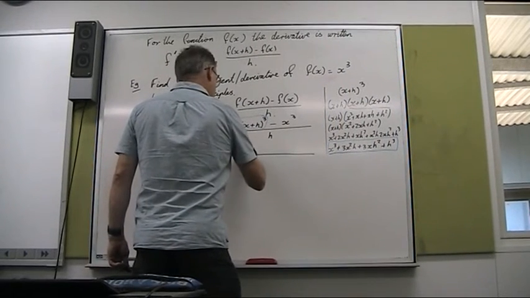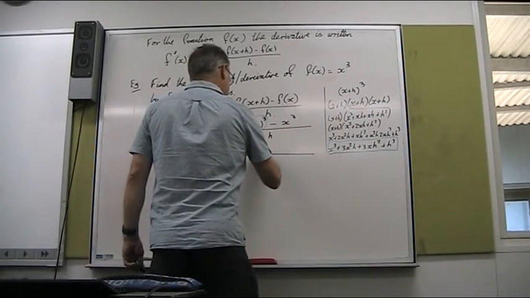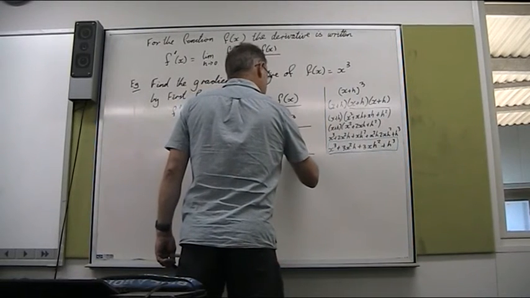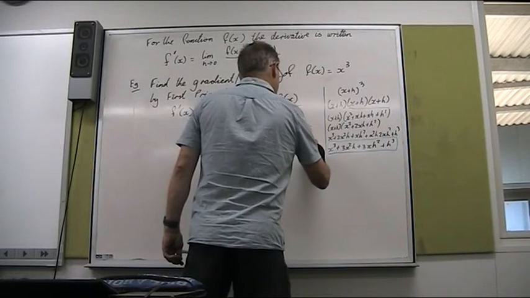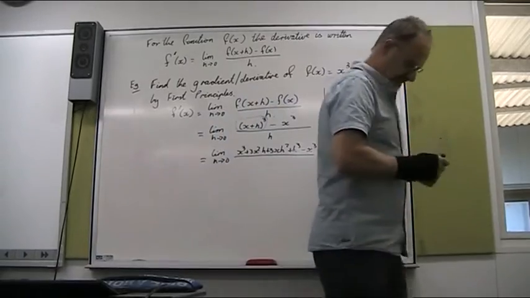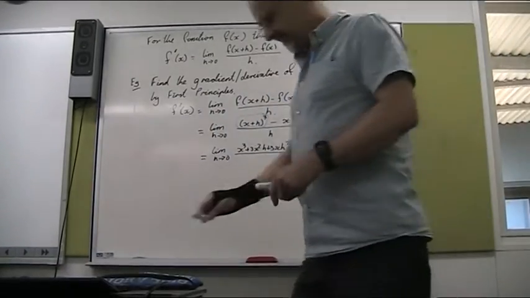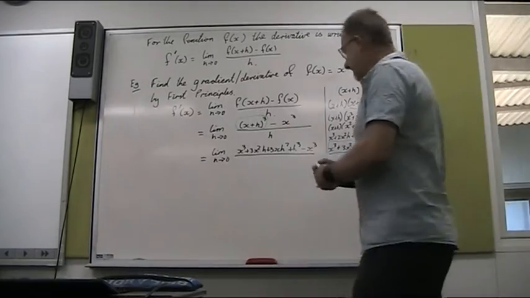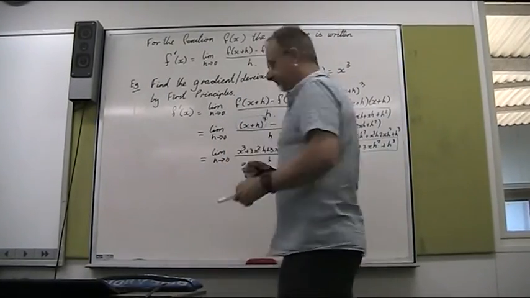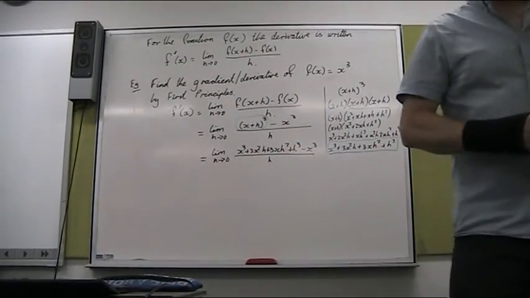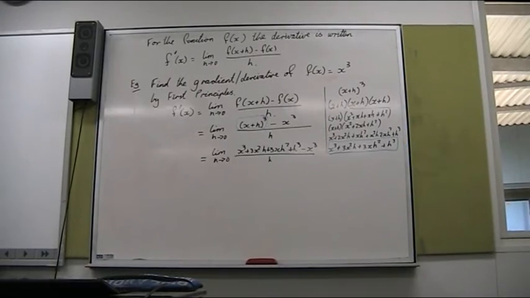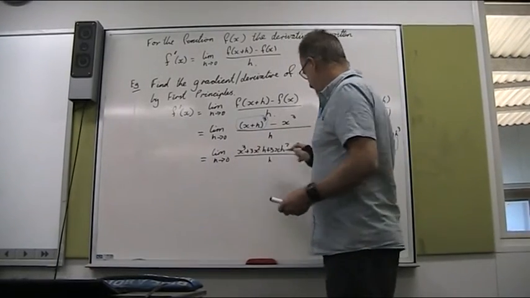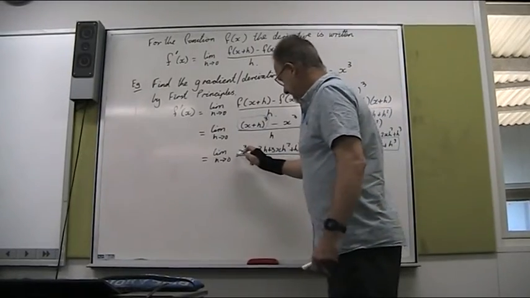So I've got x cubed plus 3x squared h plus 3xh squared plus h cubed minus x cubed. All right, anyone notice anything there? Oh, I forgot my h on the bottom, other than that. The x cubed, you've got a plus x cubed there and a minus x cubed.